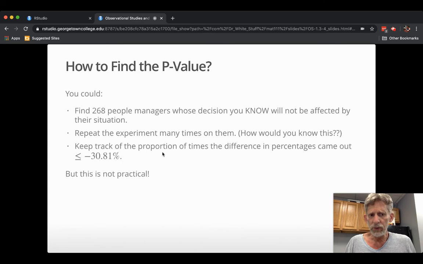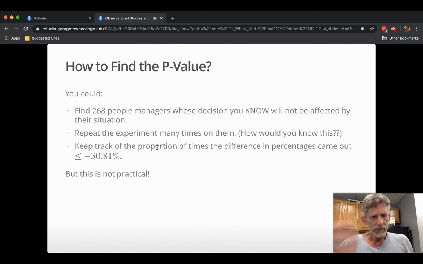I don't know how you would ever know that you have people like this, but if you could find such people, then you could repeat the experiment many times on them. You would be doing the experiment in a situation where everybody is either a yes to both types of question or a no to both types of question person.